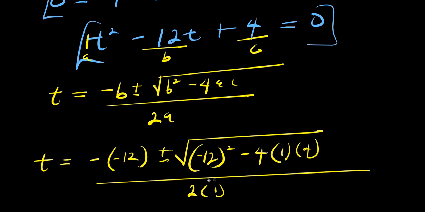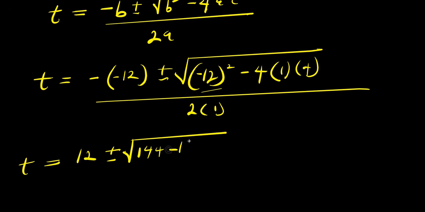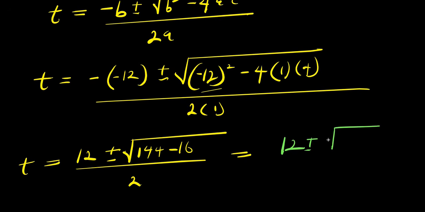So from here, I'm simply going to have t equals 12, negative times negative is 12, plus or minus the square root of 144 minus 16, divided by 2. And this will give you 12 plus or minus the square root of 144 minus 16, which is 128, and this is divided by 2.